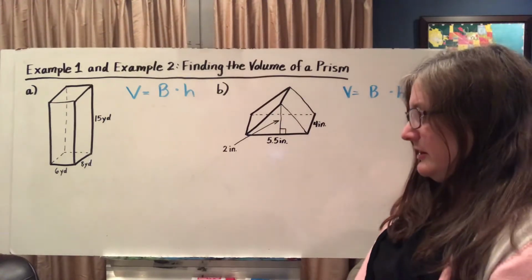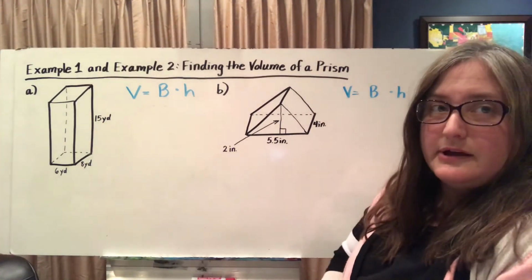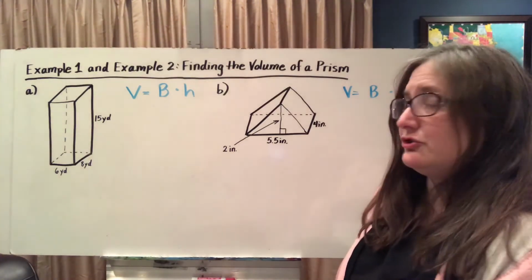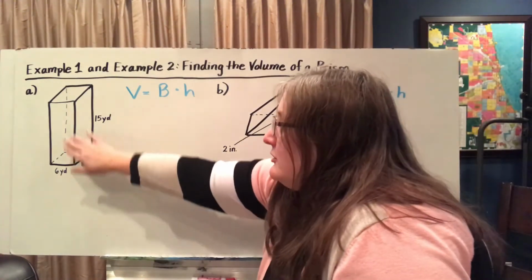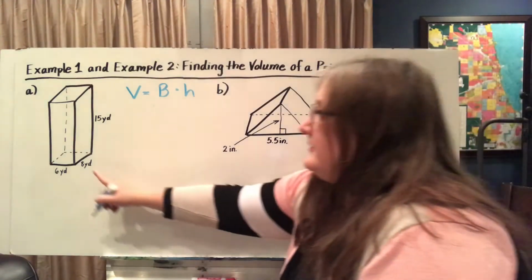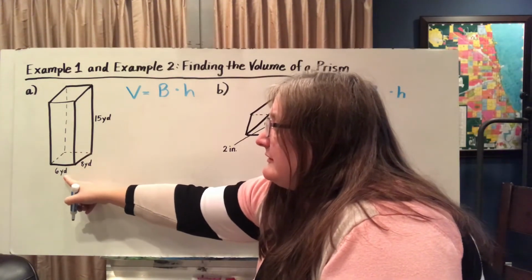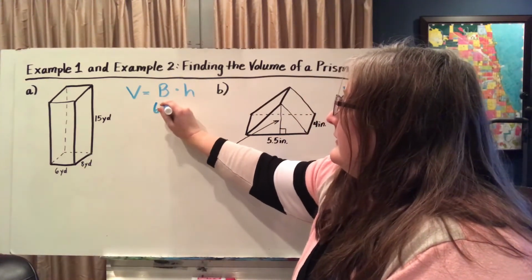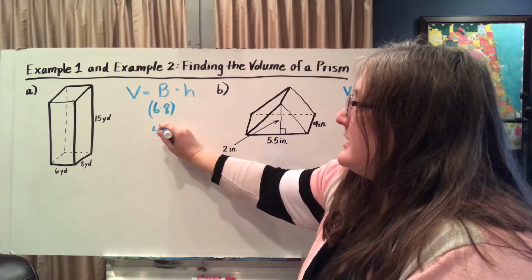So the first thing I want to do is identify and find the area of the base. When it's a rectangular prism, it really doesn't matter because you're going to have a rectangular middle piece. So I'm just going to use the bottom and the top here as my bases. So to find the area of this base, I would do length times width, or in this case, 6 times 8, which is going to give me 48.